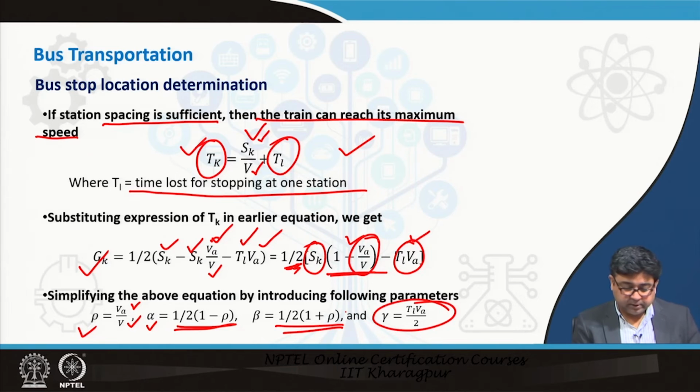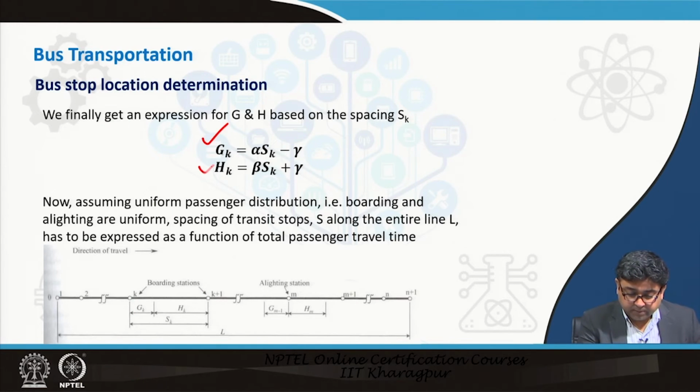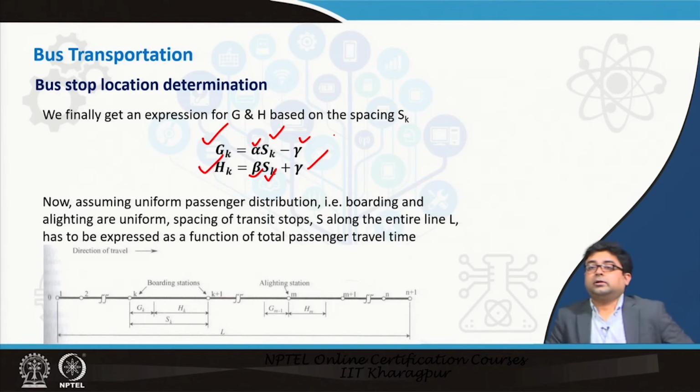Okay. So, if you simplify this equation by converting these into some constants, what we get is your passenger shed areas in terms of spacing, and all the other terms are constant, right.